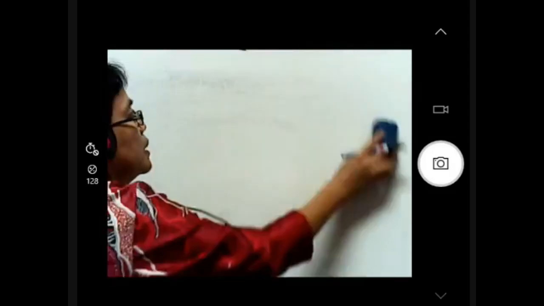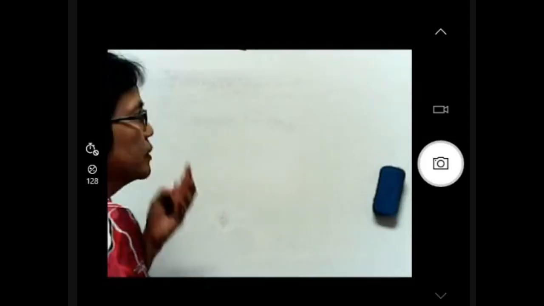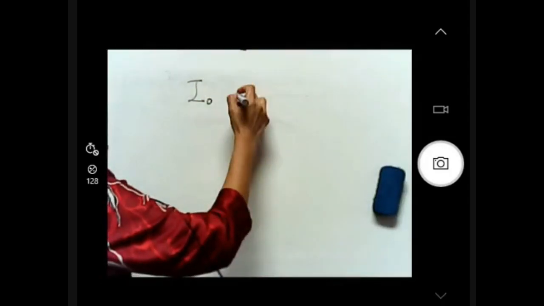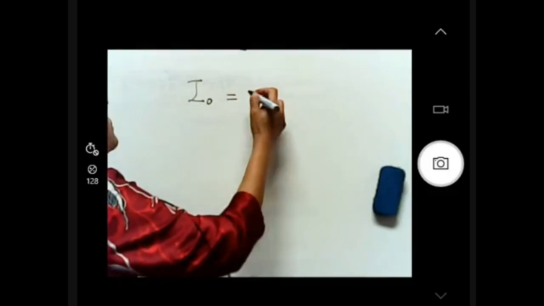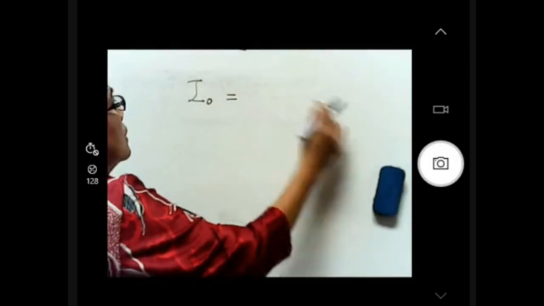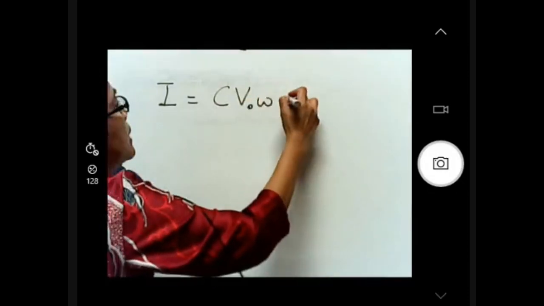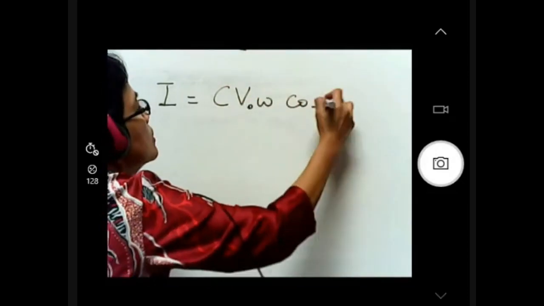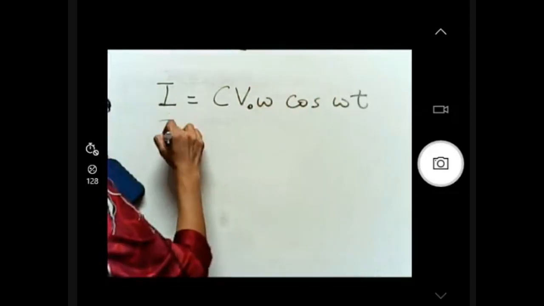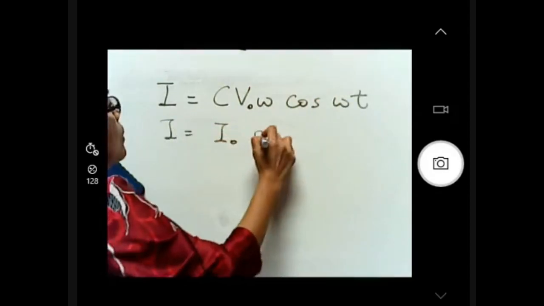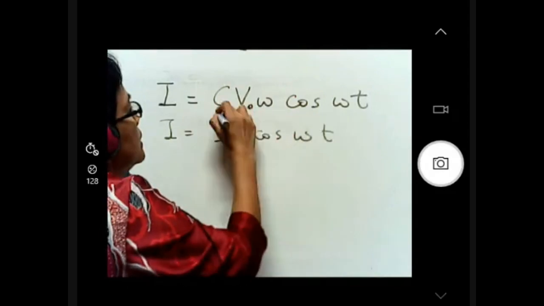Now we proceed to discuss the resistance to the flow of current. Just now we got our equation I equals CV naught omega cos omega t. So we compare with I naught cos omega t.